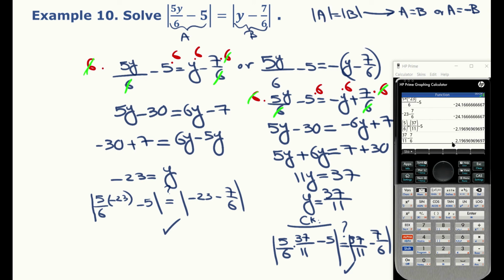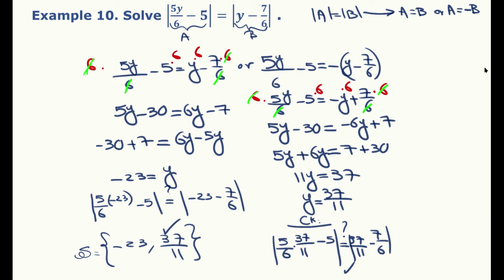So now we can confidently write our solution set to contain negative 23 or 37 over 11. So both of those worked out, and we have two solutions in this case. So again, make sure you can work through this if you haven't already done so, and we'll proceed.